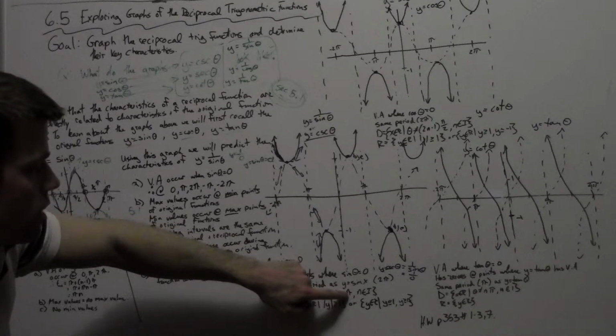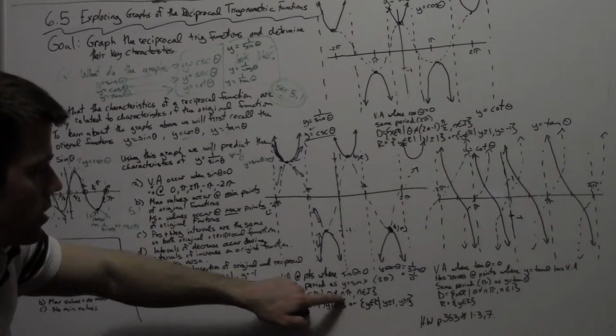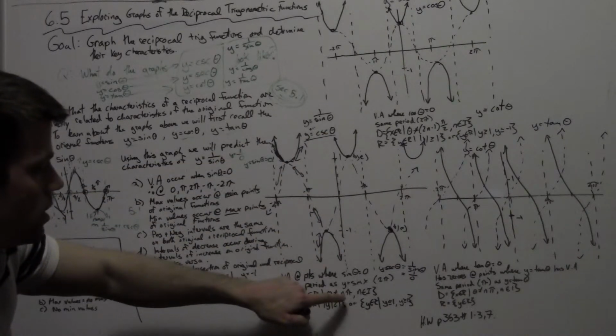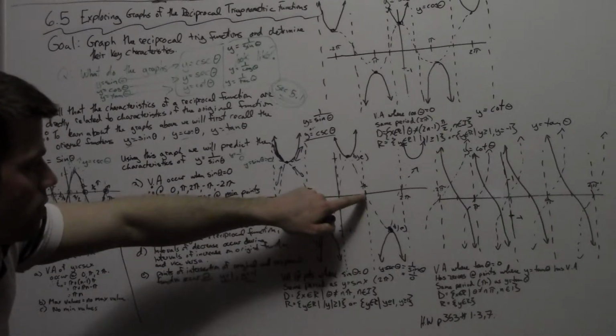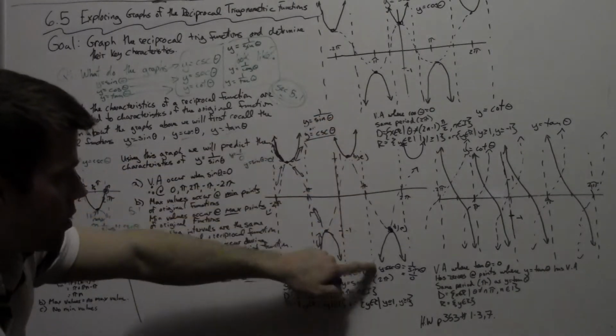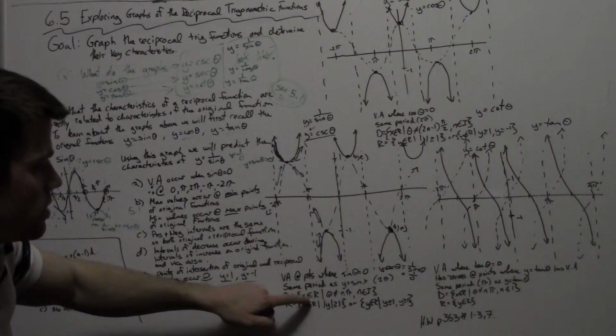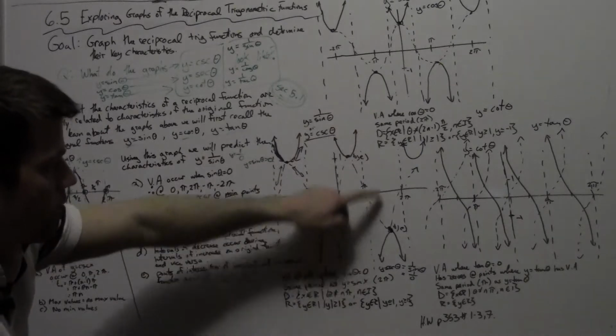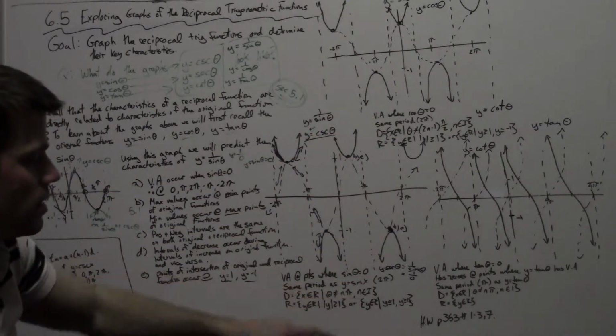If n is 0, this expression is 0, so theta cannot be 0 because that is a vertical asymptote. If n is 1, then we would get theta is equal to pi. When theta is pi, we have another vertical asymptote. So in this domain, we're finding all the values of theta where the vertical asymptotes are. That's where this nπ comes in.